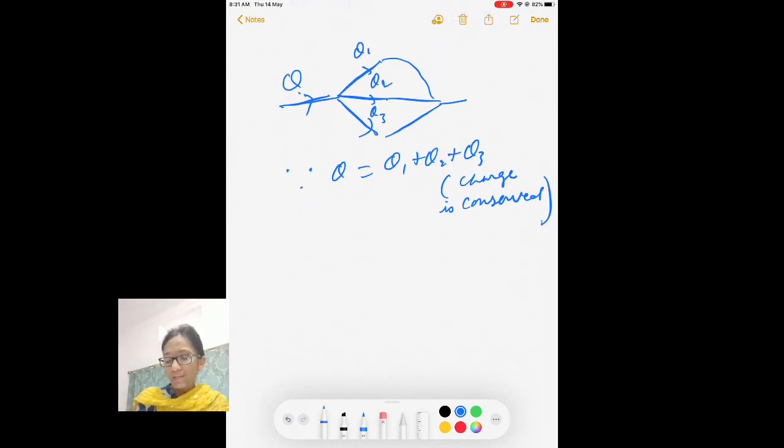Now we know that capacitance is equal to Q coulomb upon V volt.